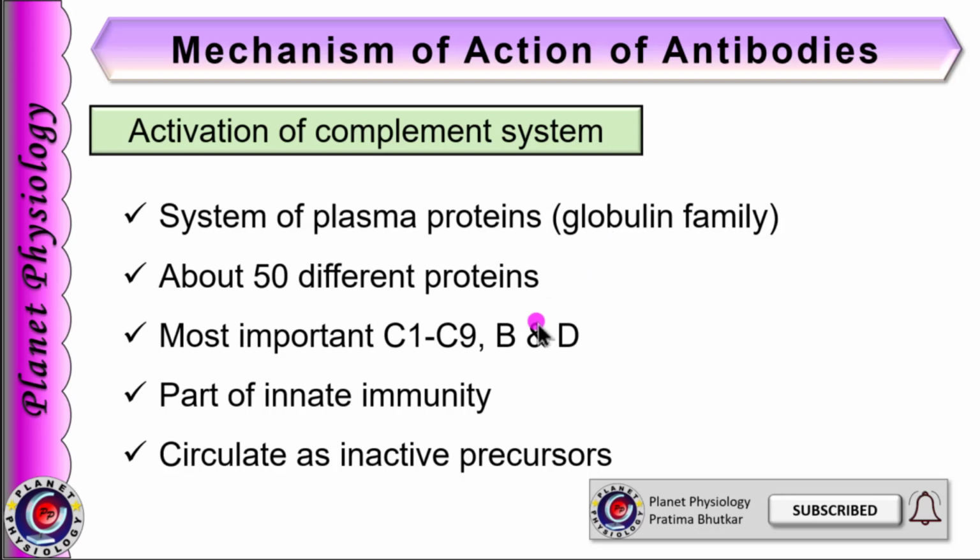About 11 complement proteins, namely C1 to C9, B and D, play a very important role in destruction of pathogens. These proteins circulate in blood as inactive precursors and get activated in response to appropriate stimuli. Most of the activated complement proteins act as enzymes.